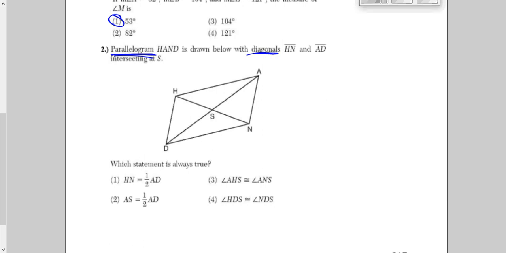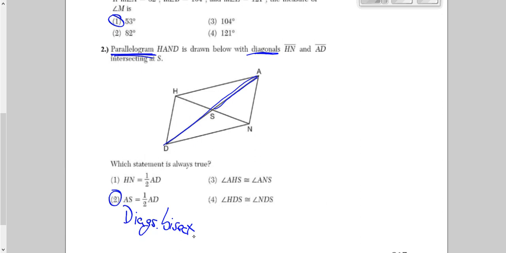Why do you say that? AS is half of AD. In a parallelogram, diagonals bisect each other, right? So that's your property on your flow chart. Diagonals bisect. So that's got to be half the whole thing.